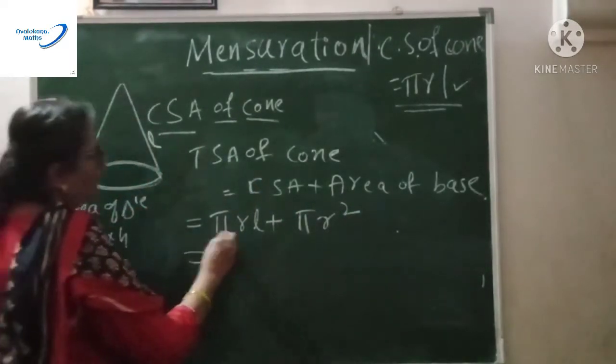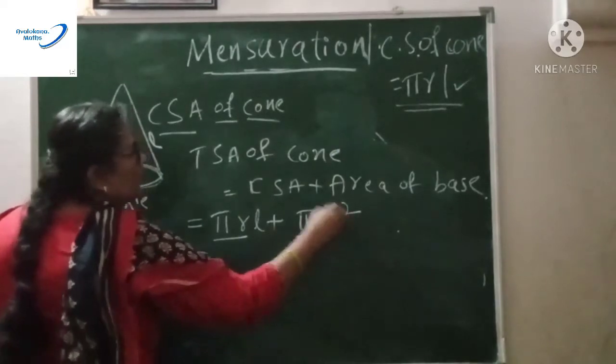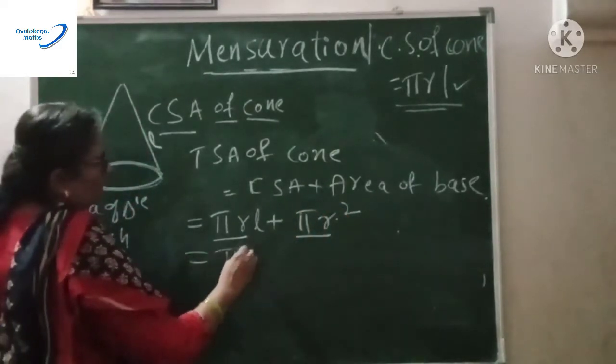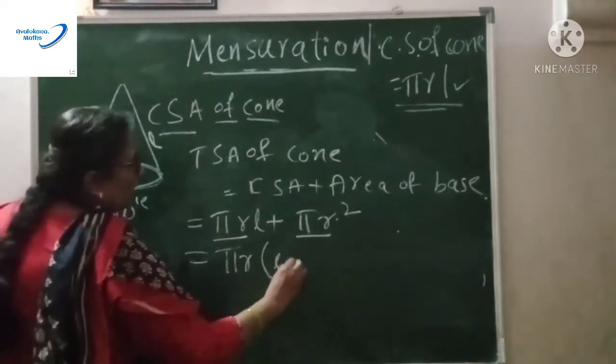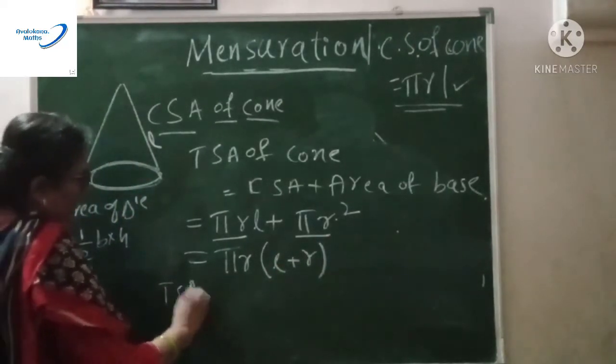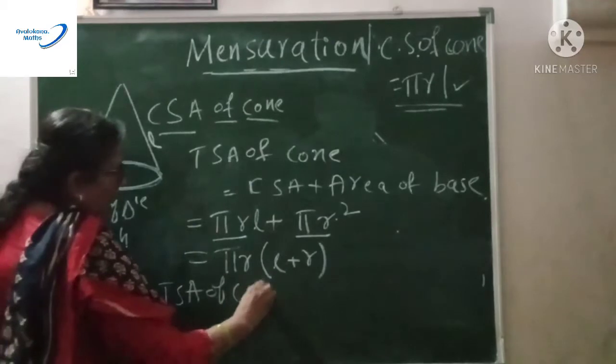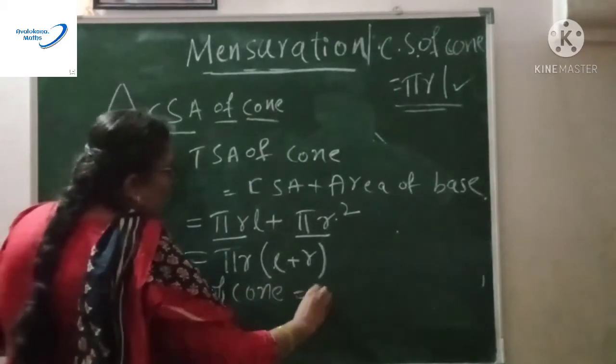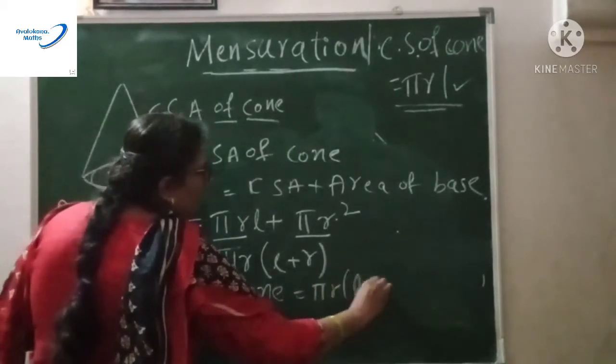Very simple. From this take r common: pi r, and what remains is L plus r. So the total surface area of the cone is equal to pi r into L plus r.